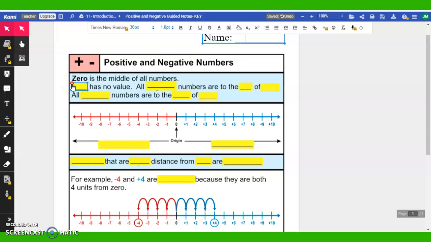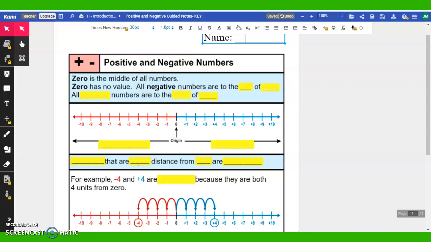Blank has no value. Again, that's 0. When you have 0, it has absolutely no value. If you have $0, you do not have any money. You're broke. And again, it's in the middle of all numbers.